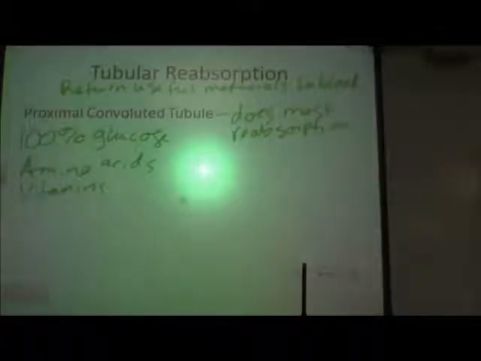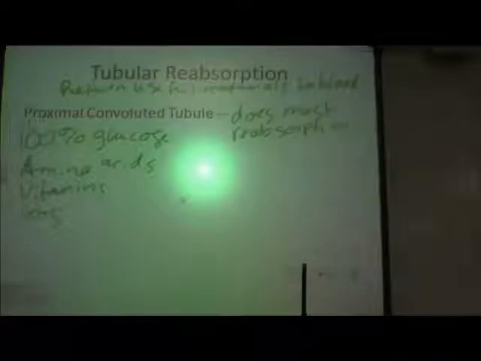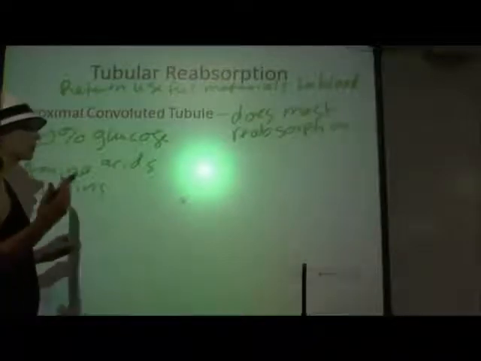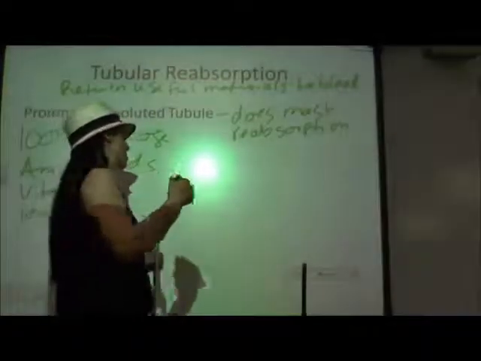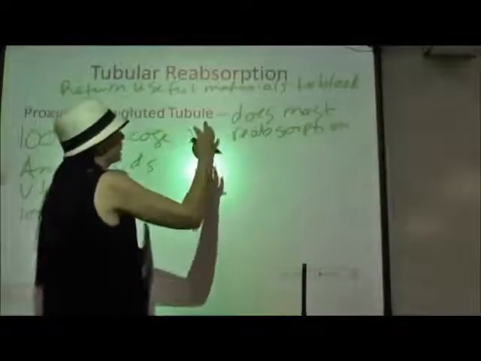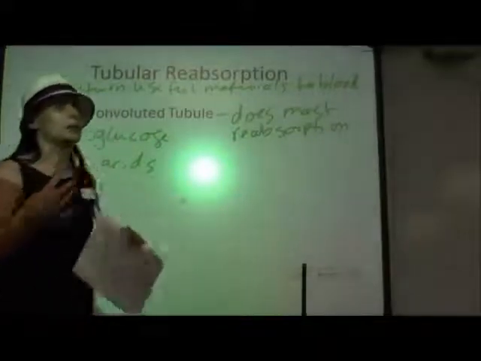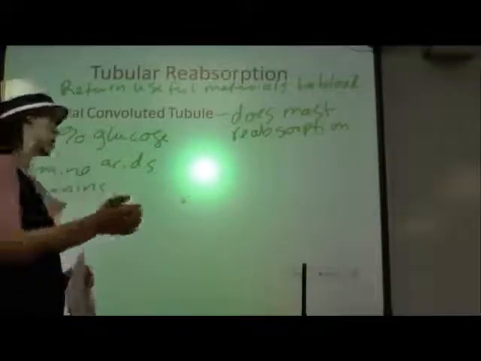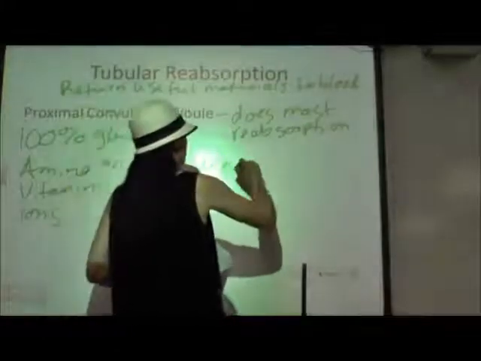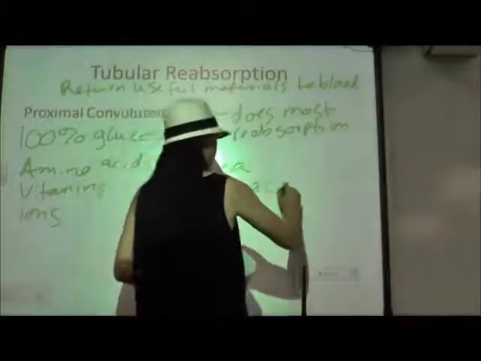Depending on what's going on in the system, what ions we need, it will also reabsorb ions. There's a whole process called urea or uric acid recycling. Your book addresses it a little bit. I'm not going to test you on it, but it's kind of weird because the proximal convoluted tubule can reabsorb urea and uric acid, but it can also secrete them. So it depends on what's going on in the system.